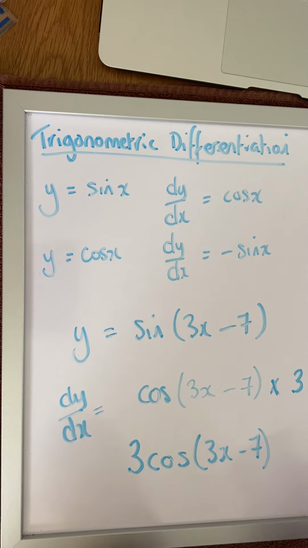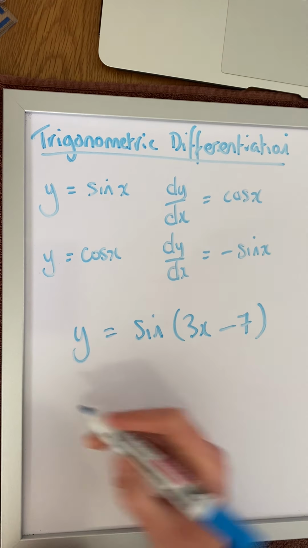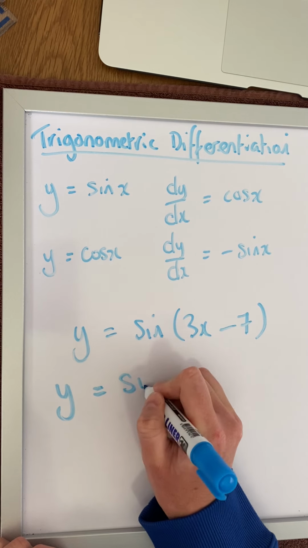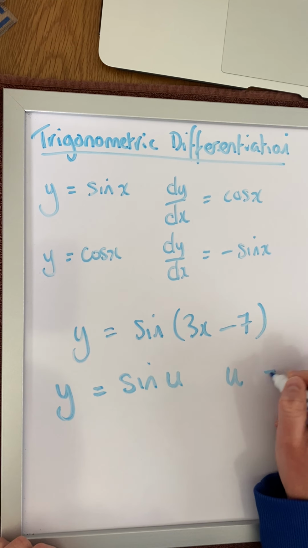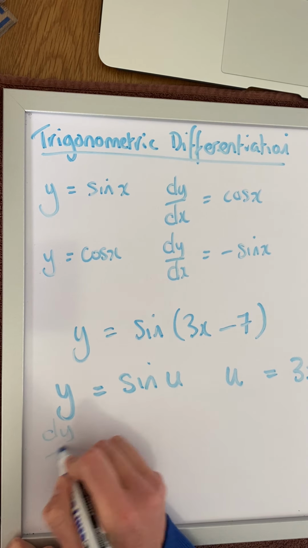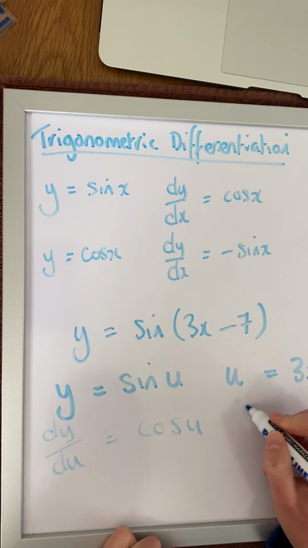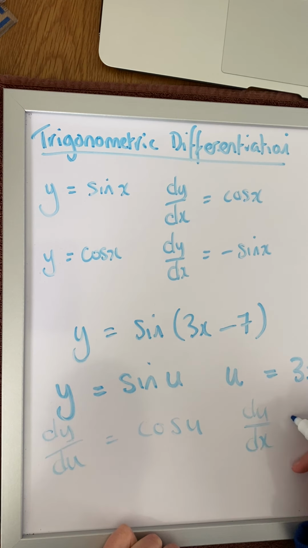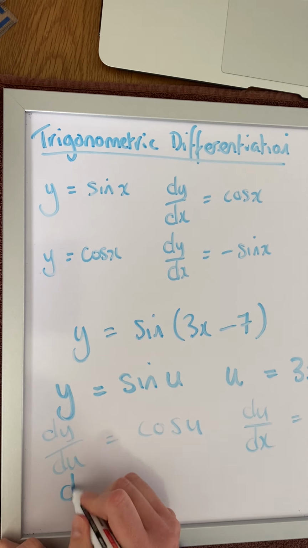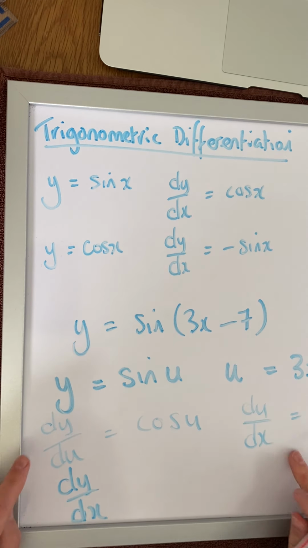You can do it using the chain rule if you wish. So if we look at y is equal to sine u, where u is equal to 3x minus 7, it's the same thing. dy/du will be cos u. du/dx is 3. And remember to use the chain rule, dy/dx is dy/du multiplied by du/dx.